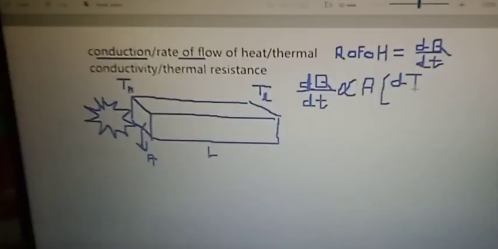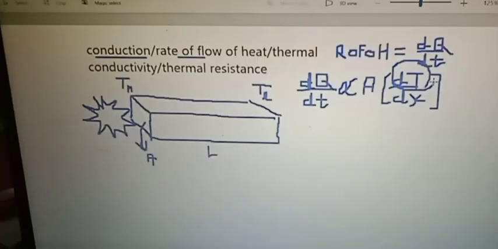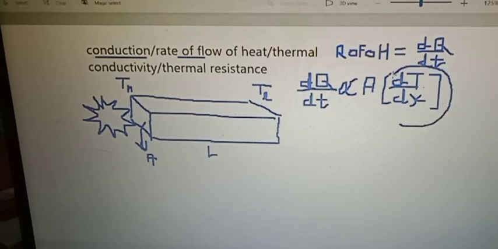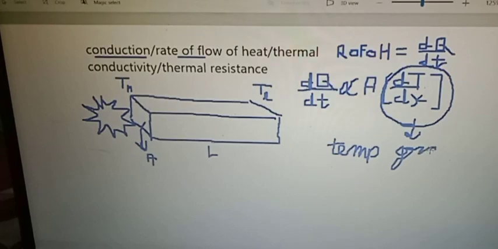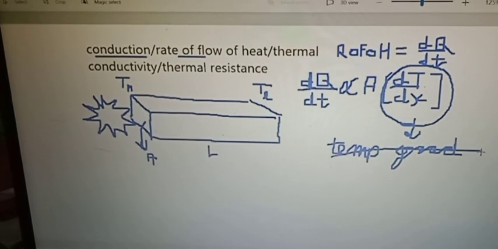And there's another term which is called temperature gradient. dT, capital T for temperature, dT by dx. In some books it is written as d theta, but okay, I will use the standard term dT by dx. All right, so as I said, temperature gradient is change in temperature with respect to distance.